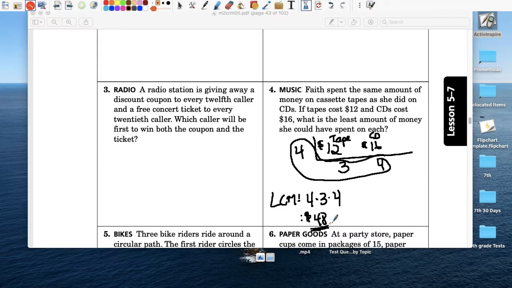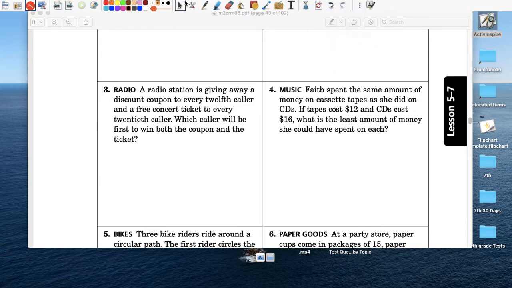So the least amount she could have spent, if she bought the same amount of money, then 48 would have been the least amount. Okay, so she spent $48 to buy CDs and to buy cassette tapes.